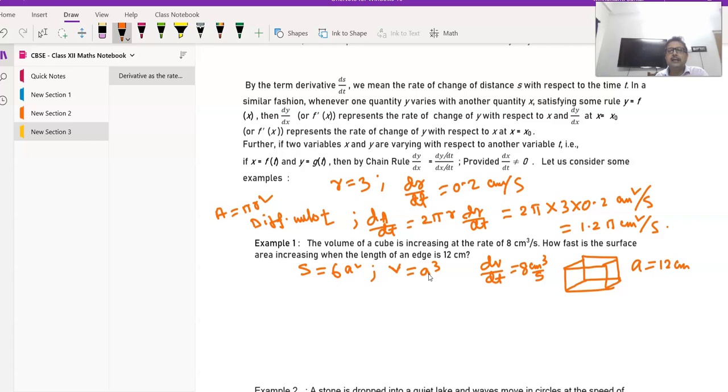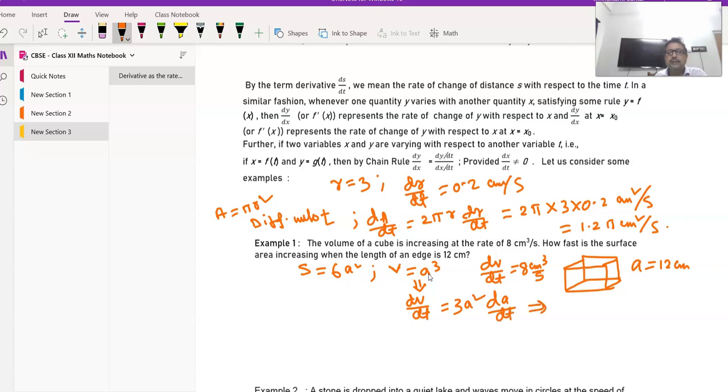At this instant, how surface area is changing we have to find. So what I am doing here, first I differentiate this relation to get the value of dA by dt. If we differentiate with respect to t, dV by dt is going to be equal to 3a square da by dt.